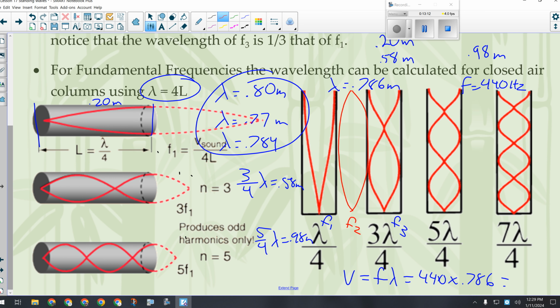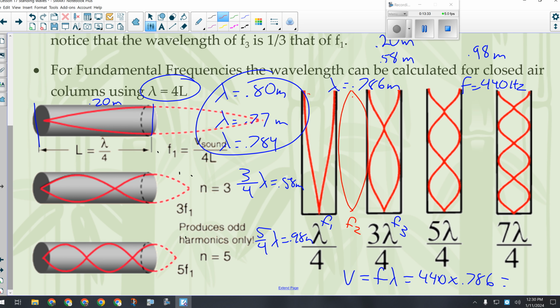Because 1/4 of a wavelength away from this is a node. So this was 1/4 of a wavelength. This is half a wavelength. But at half a wavelength, I've got a node at the top, so I don't hear anything. It doesn't resonate. Then if I go another 1/4 of a wavelength, I get another antinode at F3.